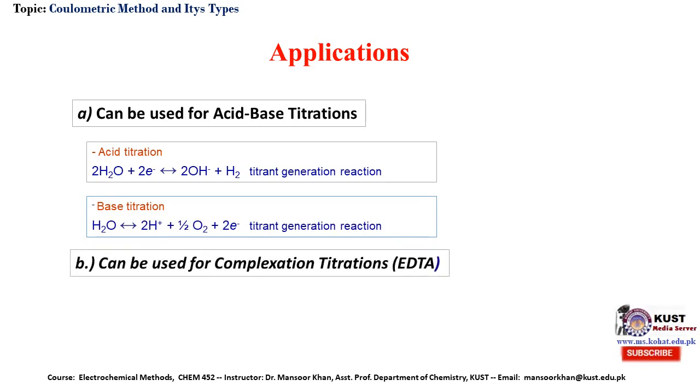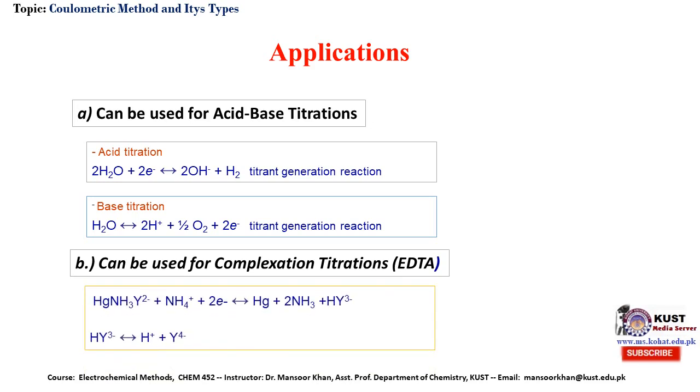The second application is that it can be used for complexometric titration of EDTA. EDTA stands for ethylenediaminetetraacetic acid. In this type of titration, a complex formation takes place between the ligand EDTA and the central metal atom.